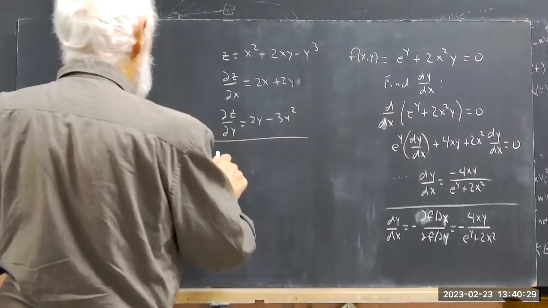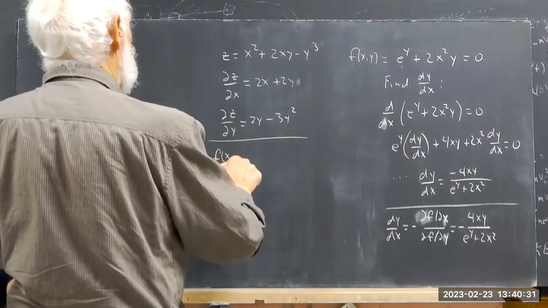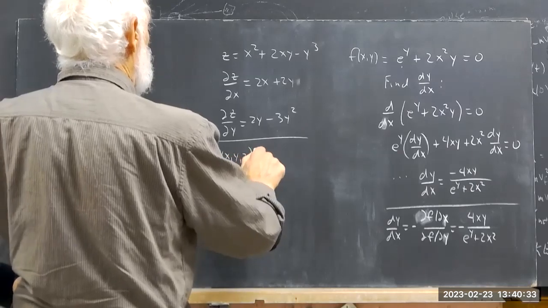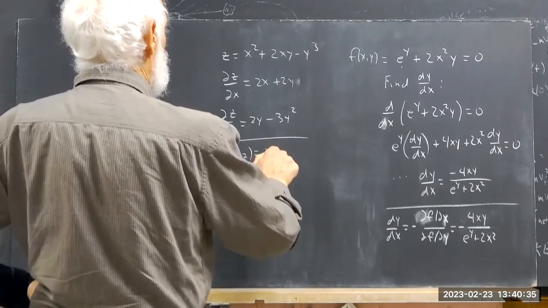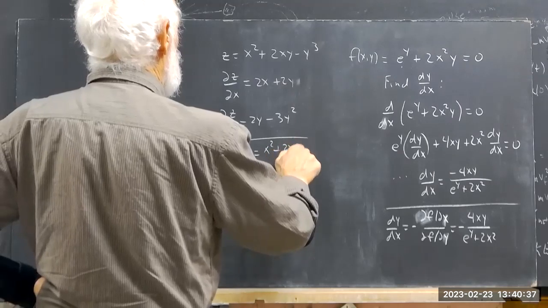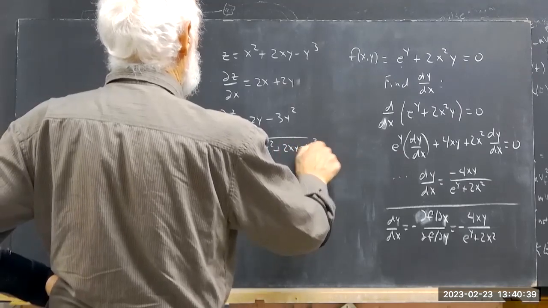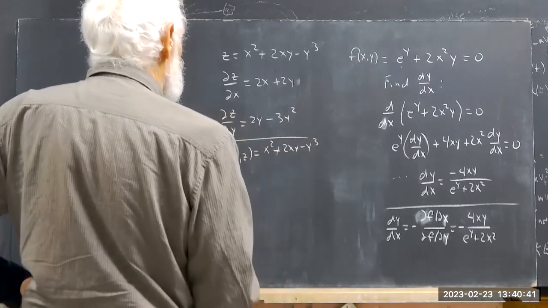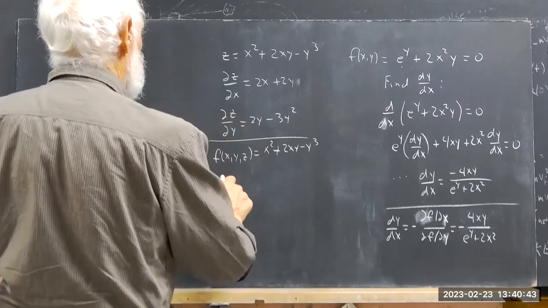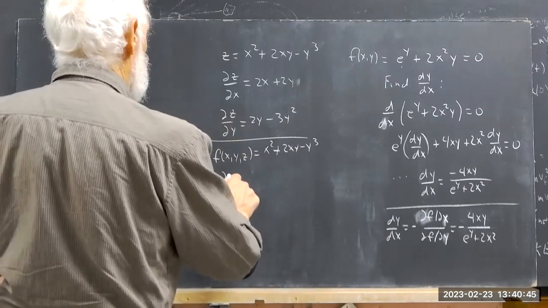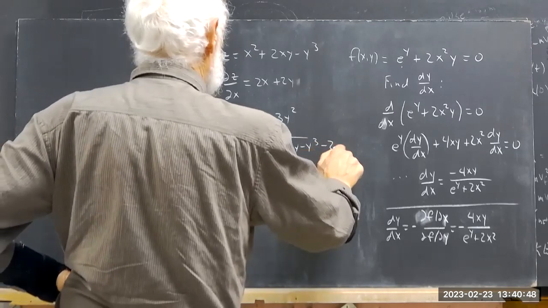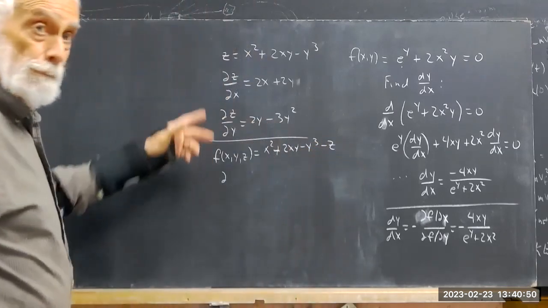Now, if we let f of x, y, z equal x squared plus 2xy minus y cubed, and then minus z. Okay.